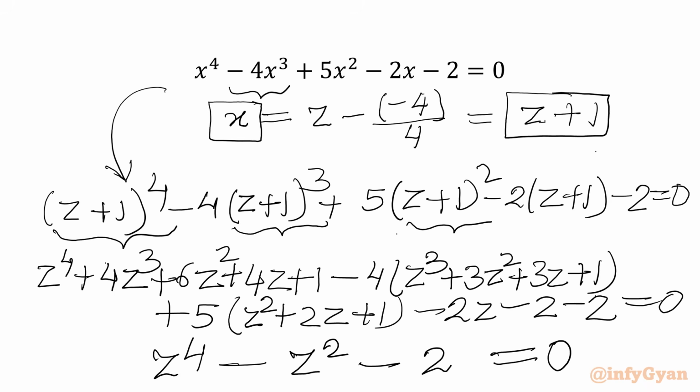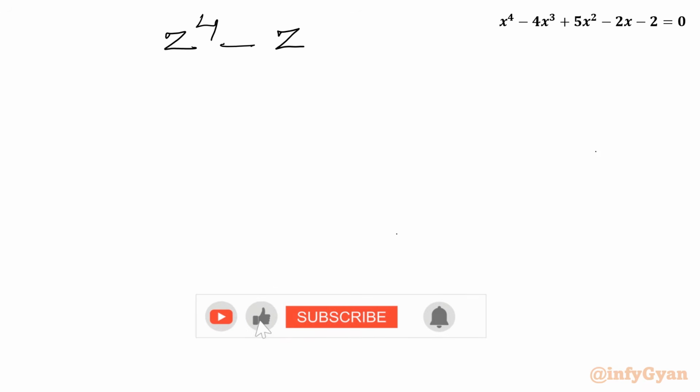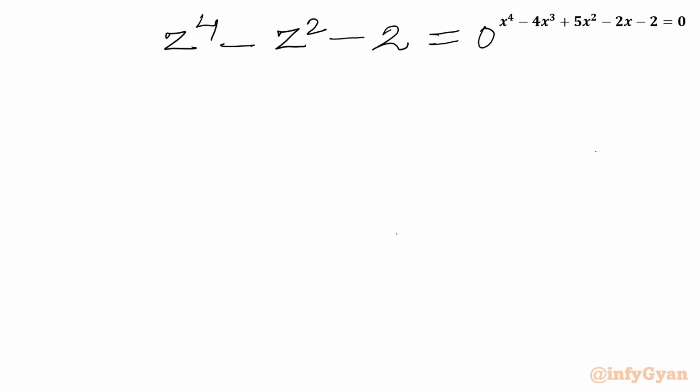Now this is one quadratic equation in z square. Let me write here z power 4 minus z square minus 2 equal to 0. If we wouldn't solve using Ferrari's method, we can use the quadratic formula over here and we will get to know z. Once z is known, x is known.